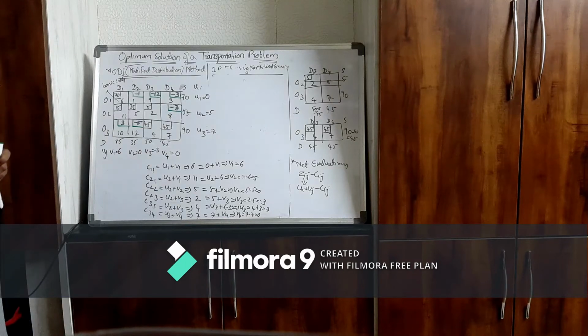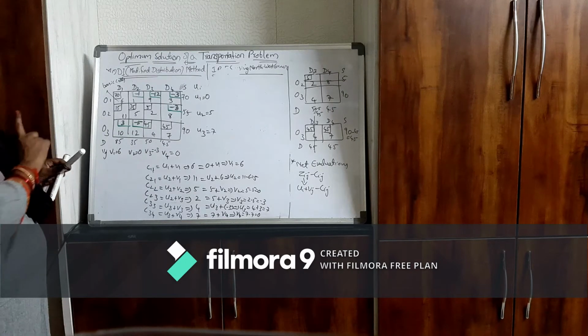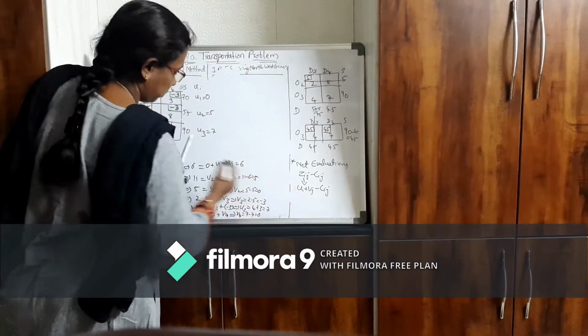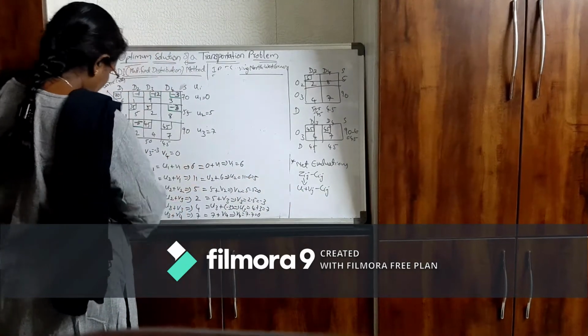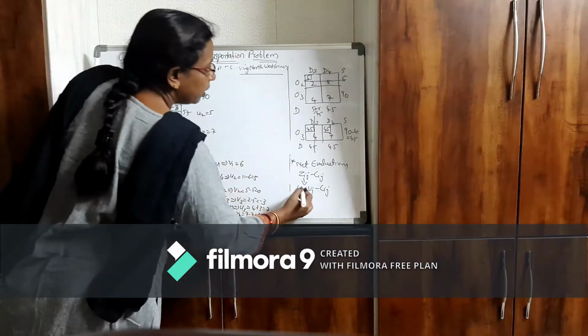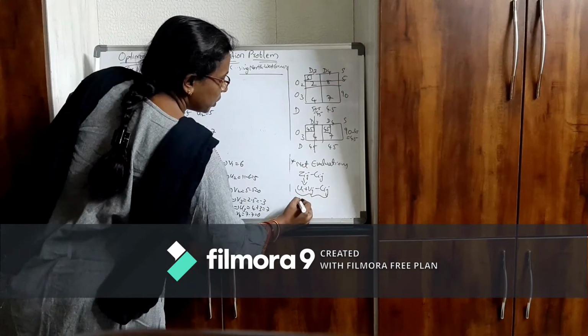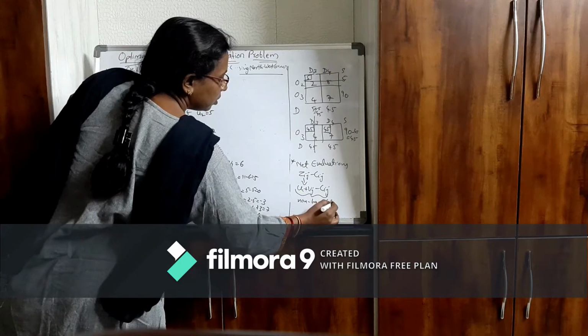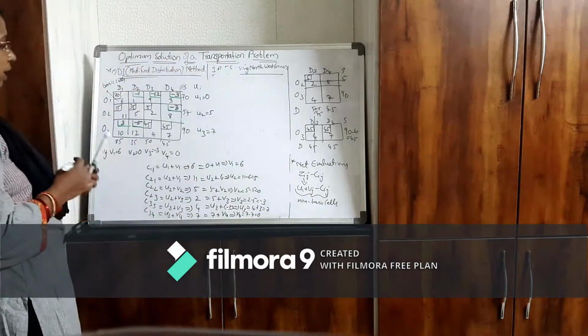So here I have calculated net evaluations only for non-basic cells. Ui plus Vj minus Cij is the net evaluation formula. We have to calculate these net evaluations for non-basic cells, that means the cells which don't have any allocation.